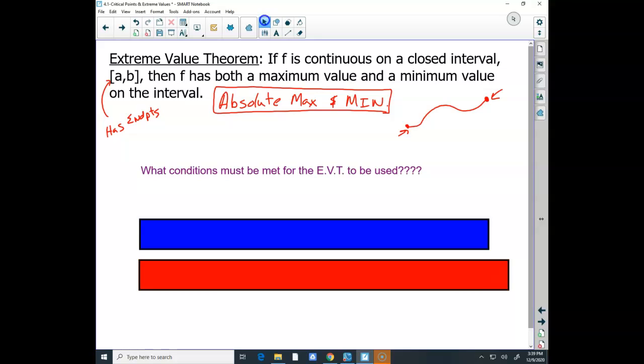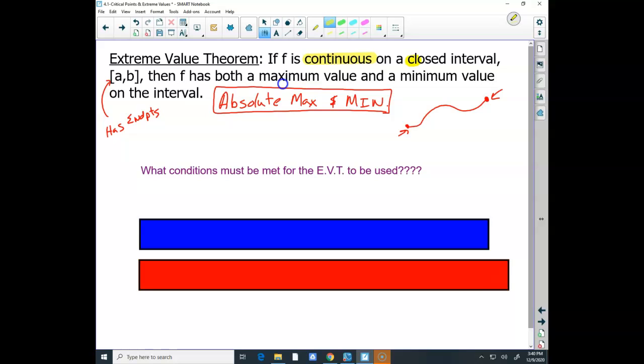Now, what conditions need to be met for me to identify with the extreme value theorem? Lots of people just look at the theorem and say, oh, it says it's got a maximum value. But all these theorems have to have criteria met before they can be used. So first and foremost, f has to be continuous. And if f is not continuous, the extreme value theorem means nothing to me. I'm not guaranteed anything.